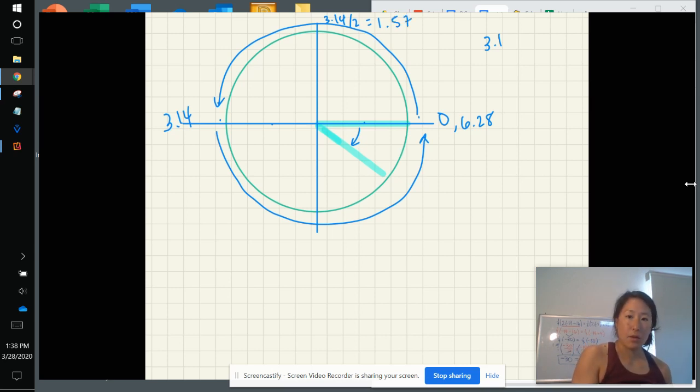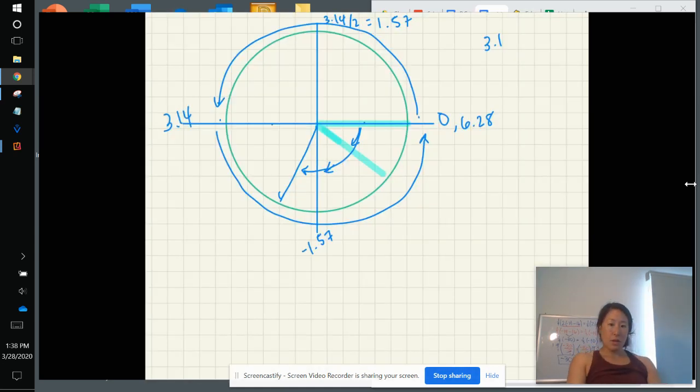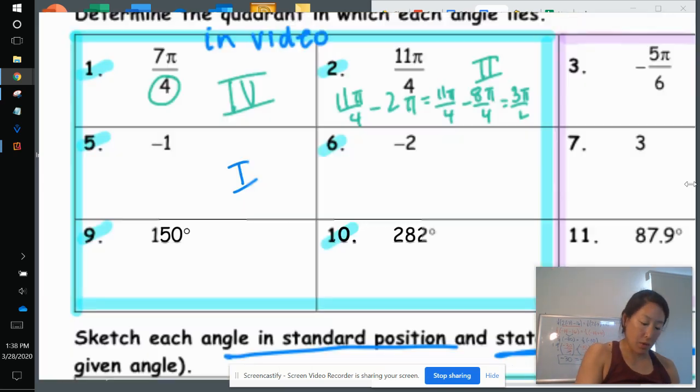Okay, so if I move, I think this one's negative as well. Yeah, negative. So we're going to open in the clockwise direction, and are we going to go past the y-axis or before the y-axis? We're going to go past the y-axis because here would be -1.57, but it's less than 3.14, so we're going to end up in the third quadrant.